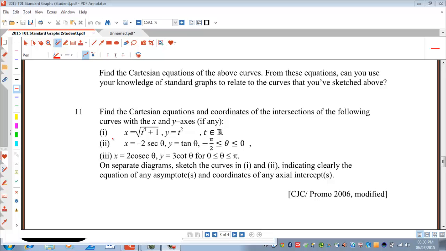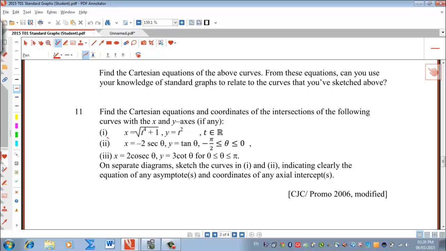In this video, we concentrate on the skill of finding Cartesian equations of parametric equations with trigonometric functions, such as 11 part 2 in the standard graph tutorial.